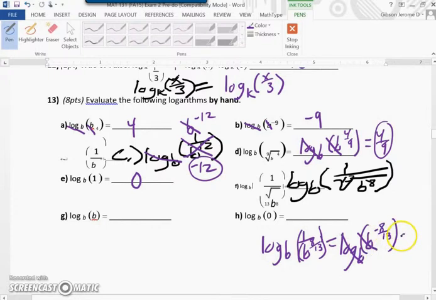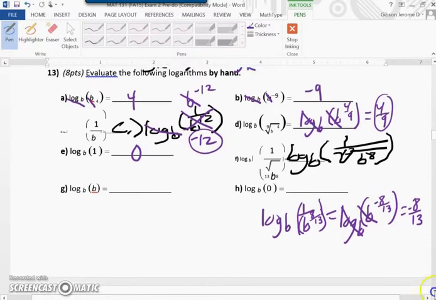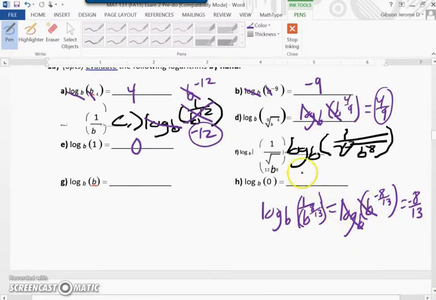The log and b simplify out, so your final answer would be negative 8 over 13. Now if you look at G, log base b of b, they simplify out. We know it's assumed to be taken to the first power, so your answer here would be 1. Now we go to H. You have log base b of 0. It's no solution. You cannot take b to any power that would give you 0. So that would be no solution.